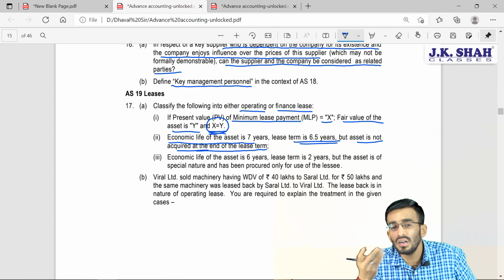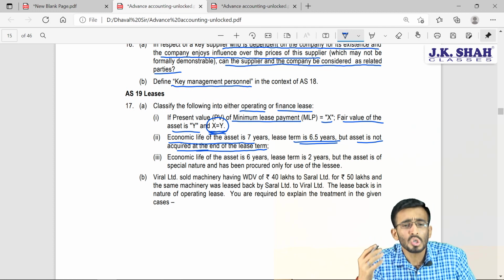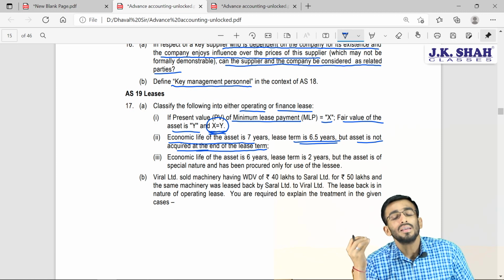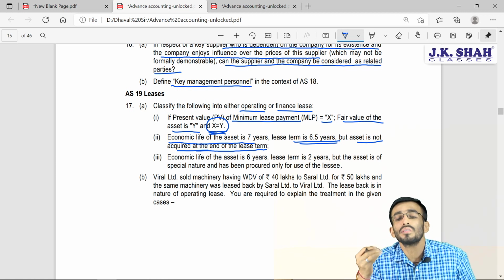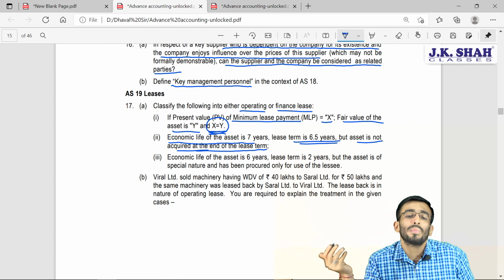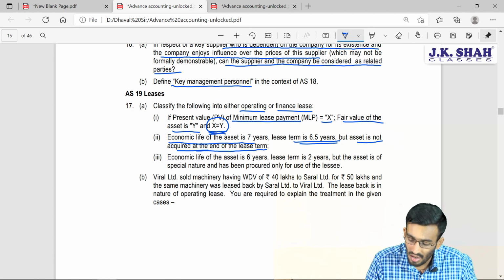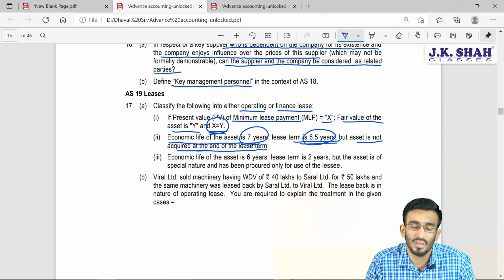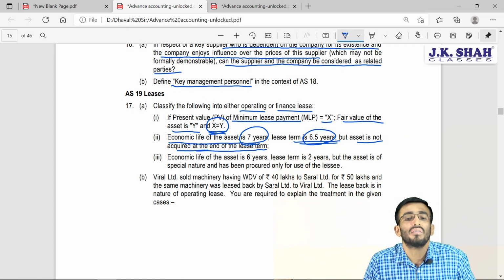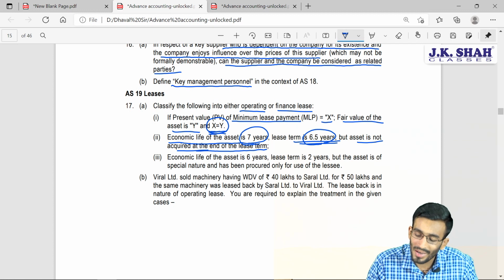Here the standard is silent, so we are taking this information from US GAAP. If the lease term covers 75% or more of the economic life of the asset, then definitely it will be considered as a finance lease. You can see that the lease term is 6.5 years whereas the economic life is 7 years. So more than 90% of the economic life is covered in the lease agreement, hence this also will be considered as a finance lease.